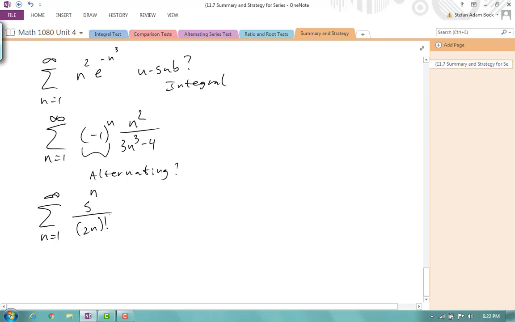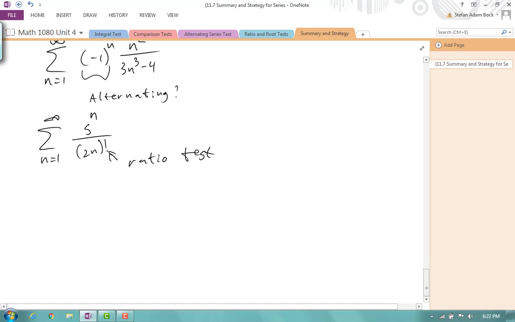And again, if I had anything with factorial, I'm going to use a ratio test. But if I had some other stuff that was mixed around, I could use the root or the ratio test for this one because they both have something to the n.